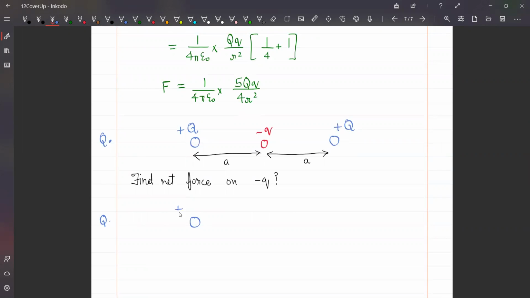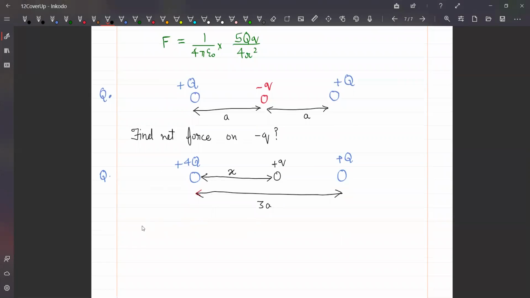Next, suppose we have plus 4Q charge here and plus Q charge here, and they're separated by a distance of 3A. I want to put another charge plus Q such that it is at distance x from 4Q.